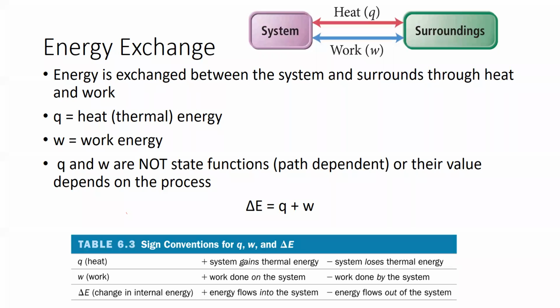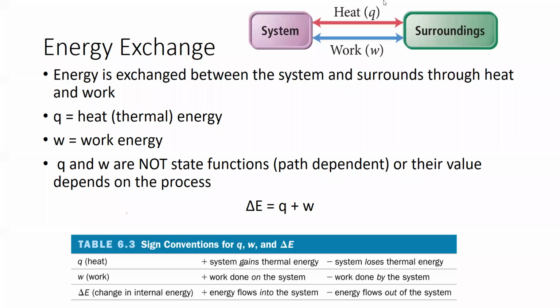On Monday, we were talking about energy, and we ended on this slide where we talked about heat and work, Q and W, and how they are not state functions, but you add them together to get a change of energy. And that's what this equation down here is saying.